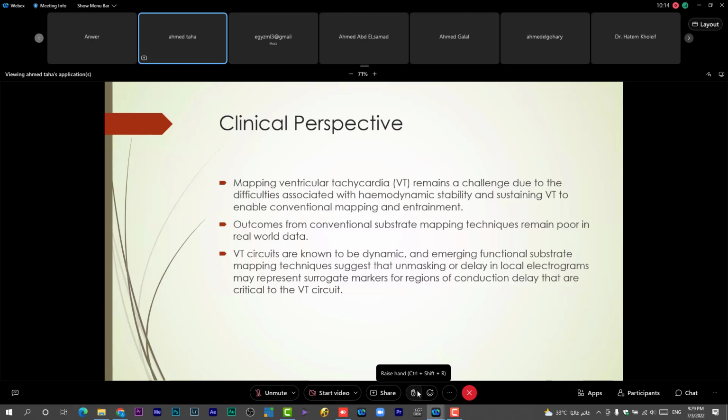Ventricular circuits could be impossible to map, or mapping them can mask other surrogate ventricular tachycardias, clinically or sometimes not clinically documented, that can be present all the time. Okay.